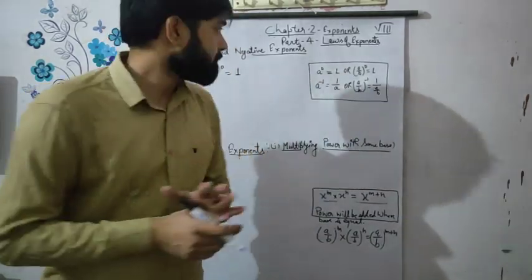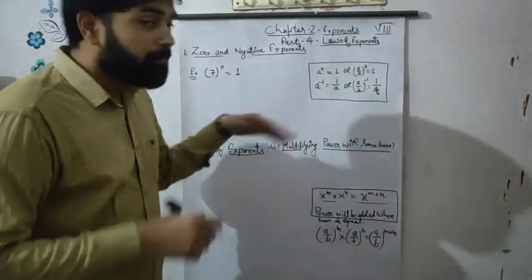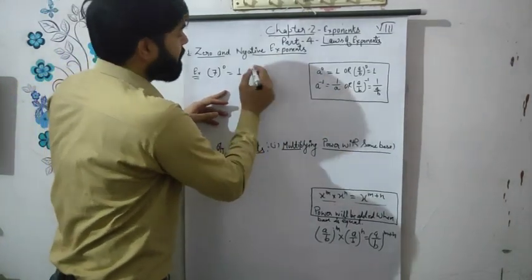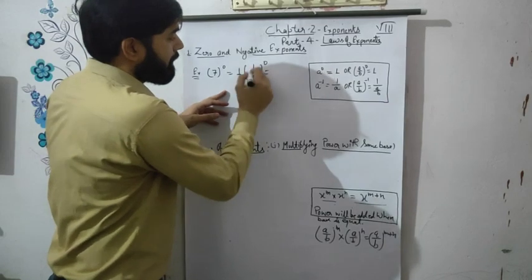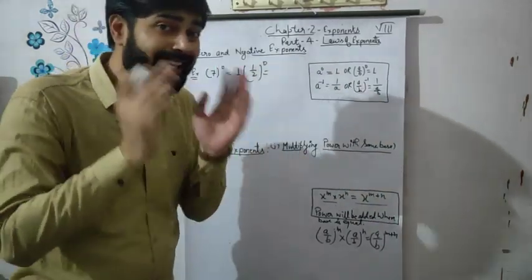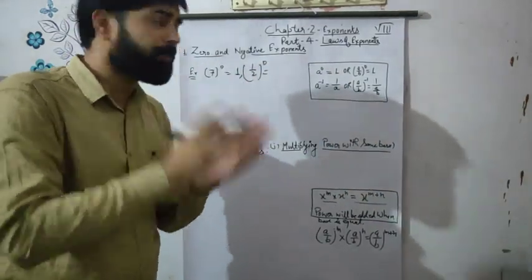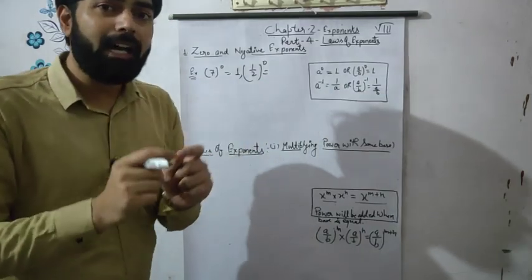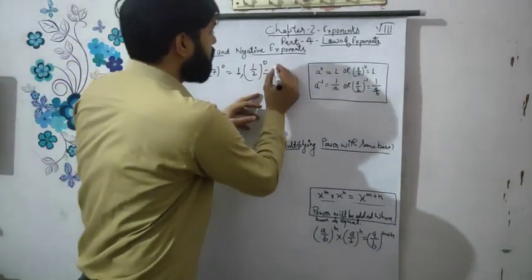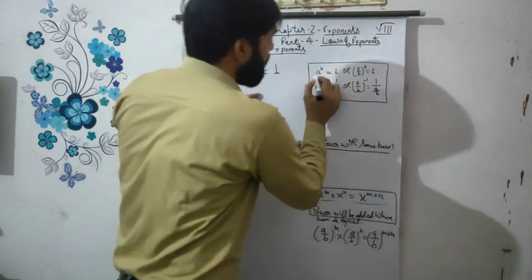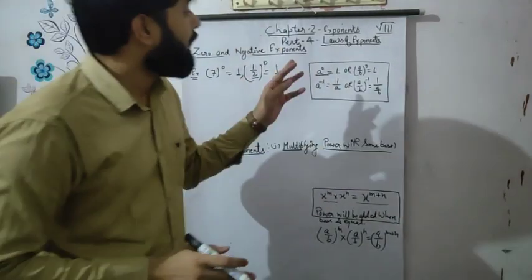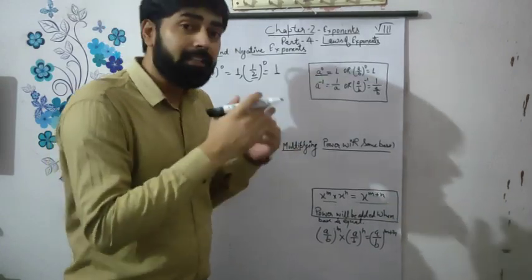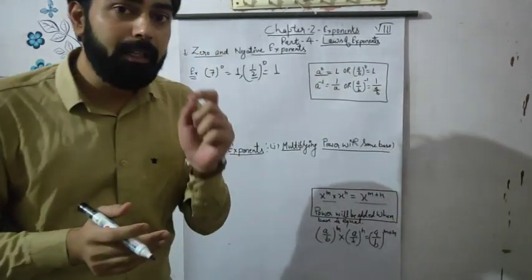Another example, 1 upon 2 to the power 0. Don't think about any option, just write the answer 1, because this is a rule, this is a law. If any number or rational number is raised to the power 0, the value will be 1.